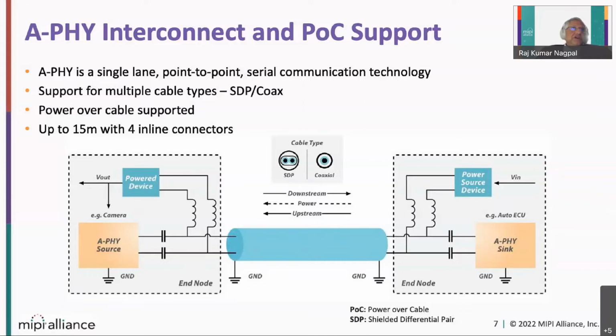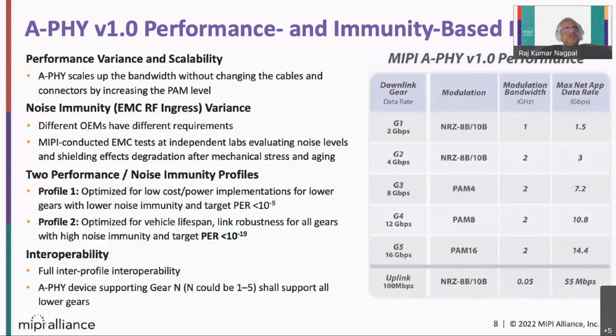We go a little further down. This slide gives an overview of the data rates supported in A-PHY 1.0, and then it will give a little more on other aspects, but let's start with the data rate. MIPI A-PHY supports multiple gears, gear 1, 2, 3, 4, 5, all in downlink, and then there is an uplink.